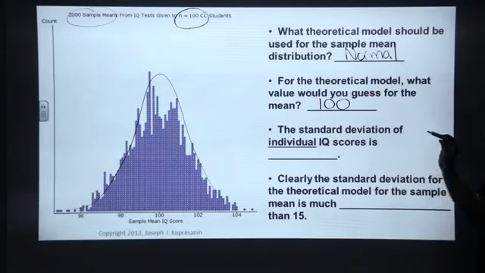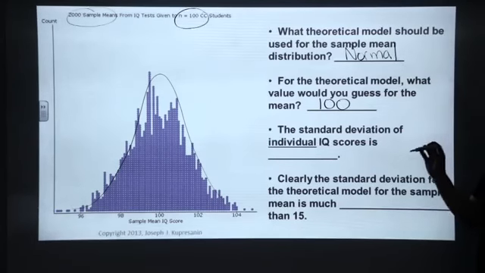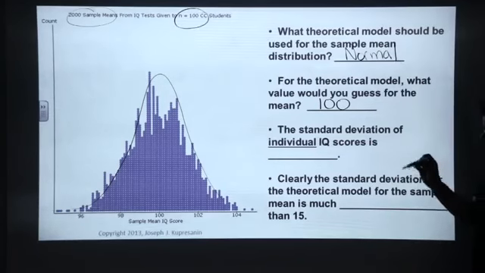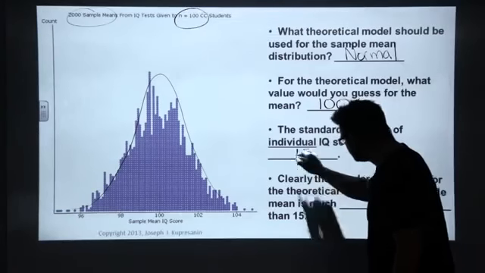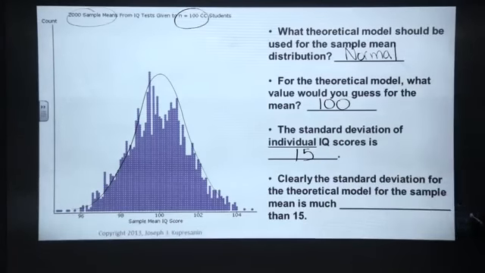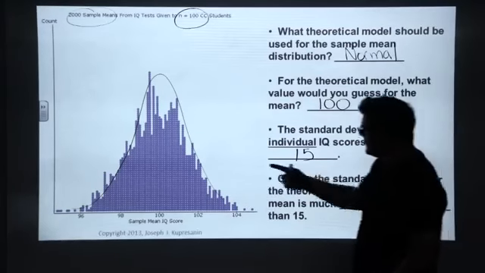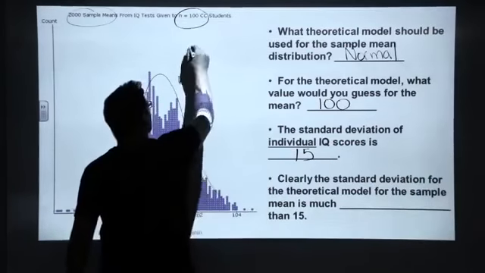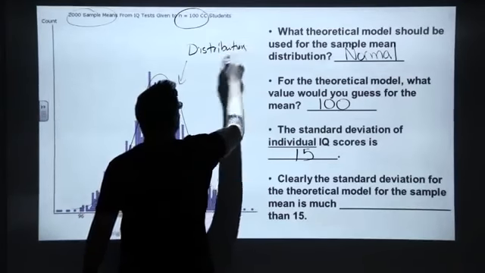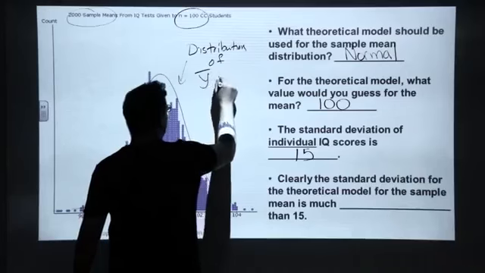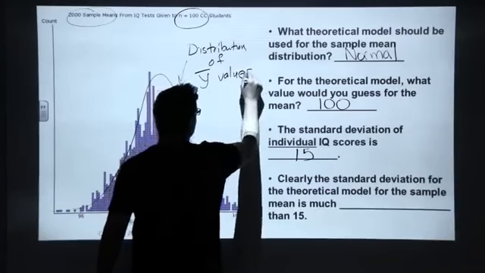The standard deviation, careful here, it's underlined. The standard deviation of individual IQ scores comes from that normal model, the parent normal model, the population. What did we say a couple slides ago? Individually, IQ scores have a standard deviation of 15. Now look at this picture. This is the distribution of y bar values.